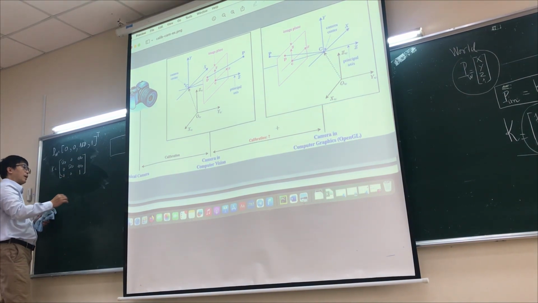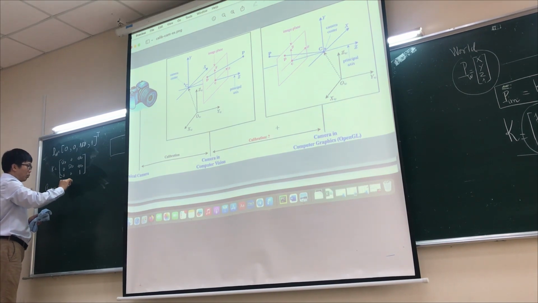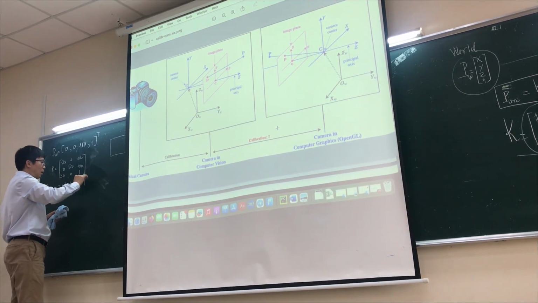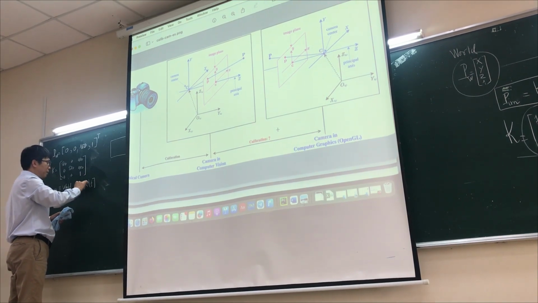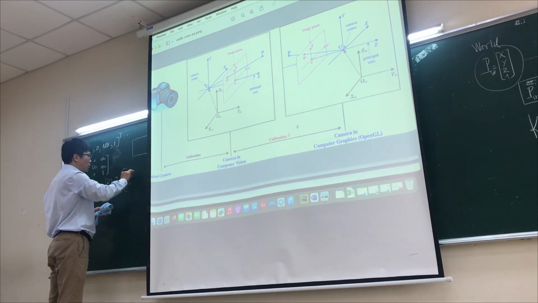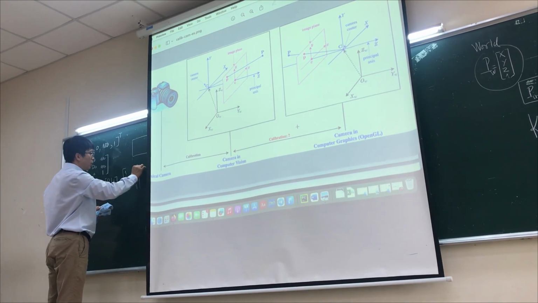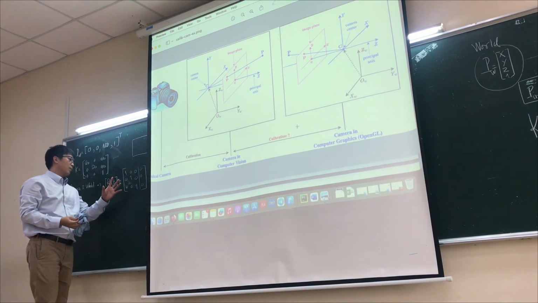And we assume that the camera system is identical to the world, so we infer that R is the identity matrix with ones on the diagonal, and T is the zero vector.